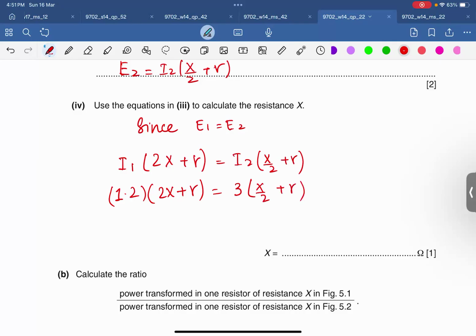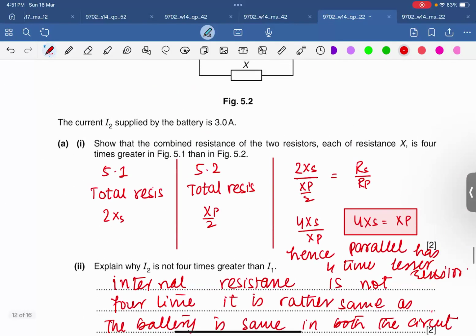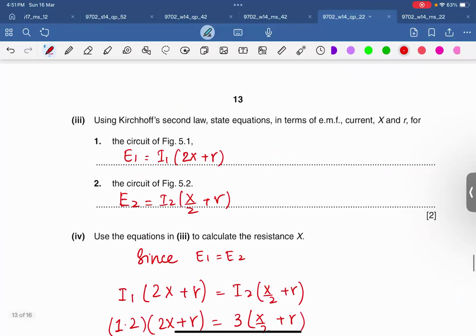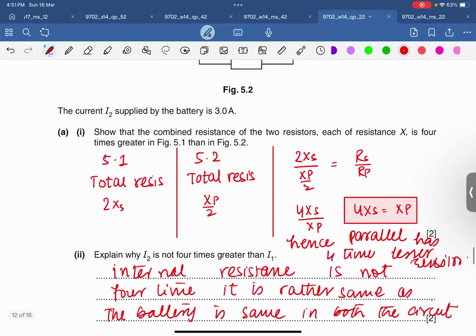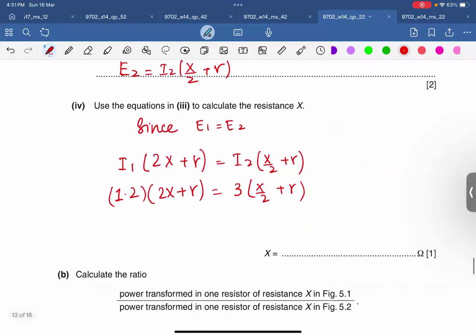Can we directly ignore the internal resistance? I think so. By the way, we know that there's a relation between x and 4x, so we have to use that as well. Wait.